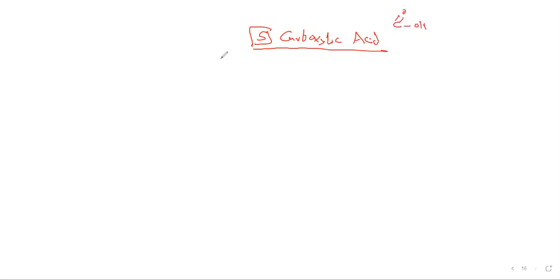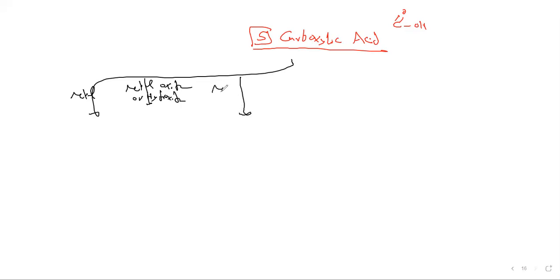And then the reactions will be with metal, metal oxide or hydroxide, metal carbonate or bicarbonate, and then reacting with LiAlH4, which is the reduction.